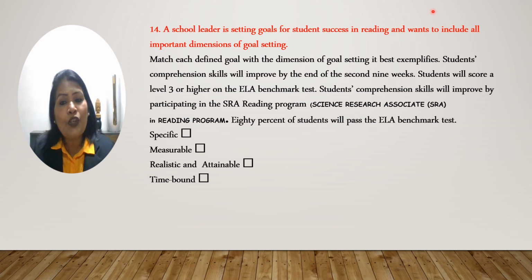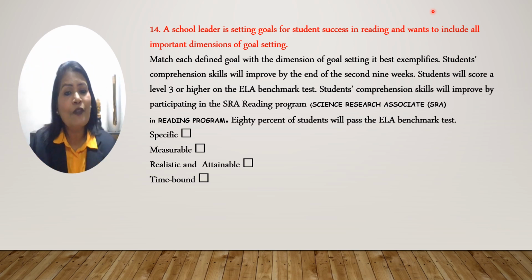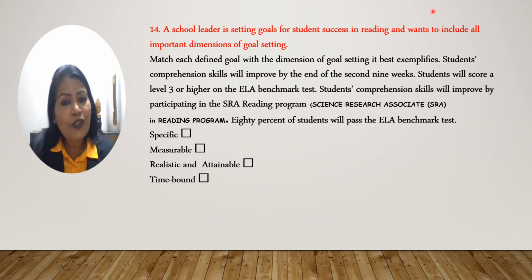This is a measurable dimension of goal setting because the data can be easily analyzed to see whether the goal was met. 80% of students passing the ELA benchmark test is a realistic and attainable dimension of goal setting because it sets a goal that is achievable. Students' comprehension skills improving by the end of the second 9 weeks is a time-bound dimension of goal setting because it defines a certain time to check for results.